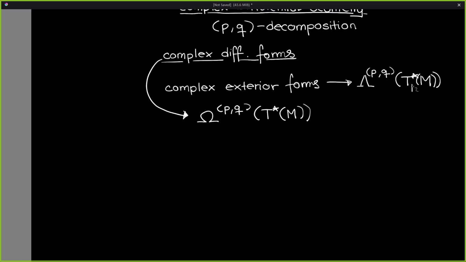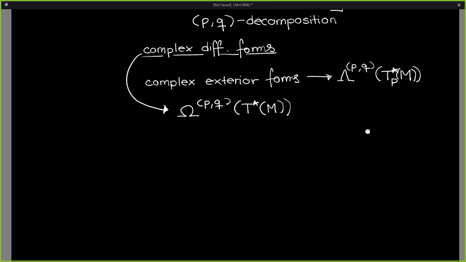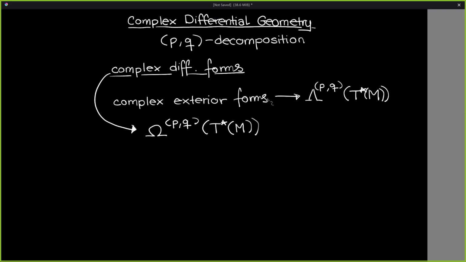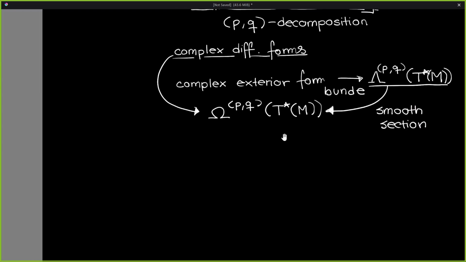There should probably be a p here. No, this is the bundle. So this is the complex exterior form bundle. That's the point that we got to. And then if we take a smooth section, then we get this space.